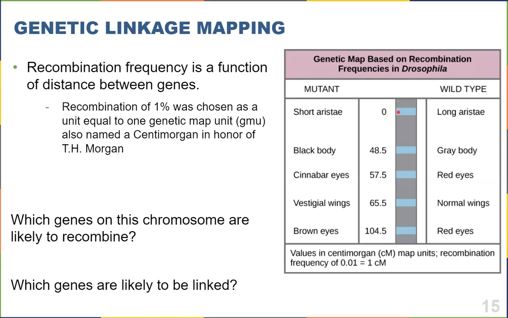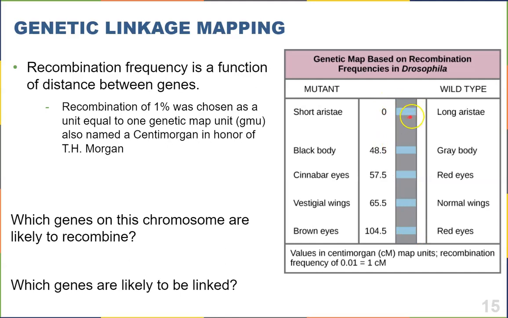So which of these genes do you think are likely to recombine? Or which of these genes are not linked? So it's probably going to be the aristae length and the red versus brown eye shade, because they're really far apart, right? So this number, it's really, really big. It's going to be really far apart.